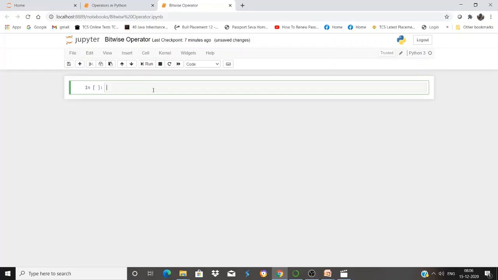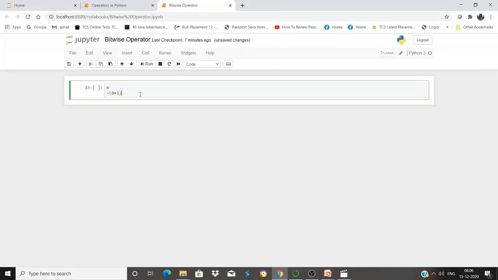If you are applying the bitwise complement operator on the decimal number n, your result will be minus of n plus 1, where both n and n plus 1 are in decimal form. So let's verify this formula.